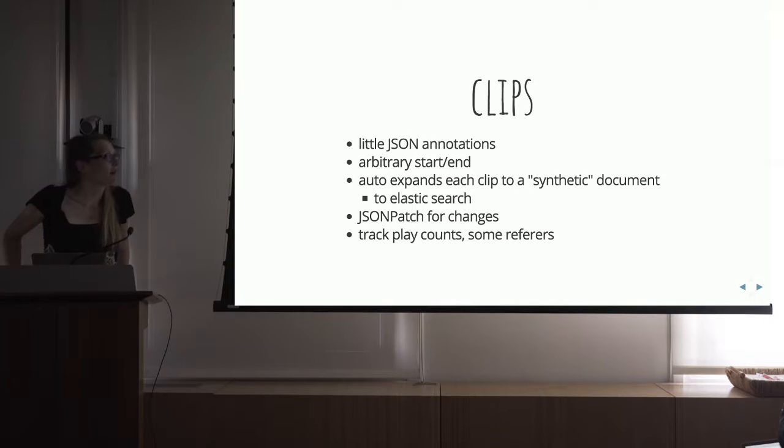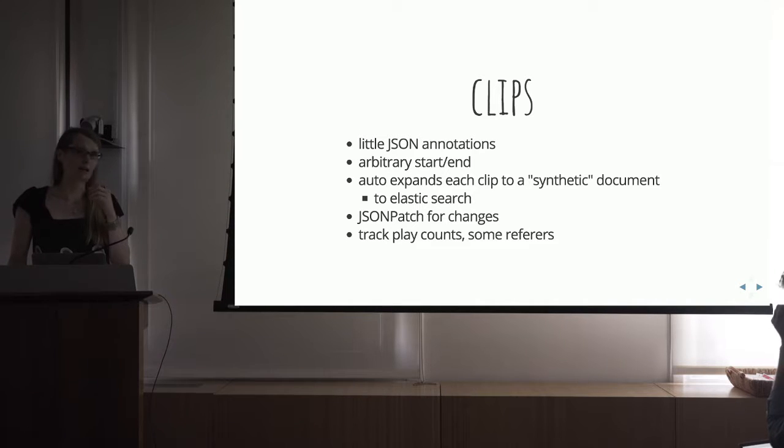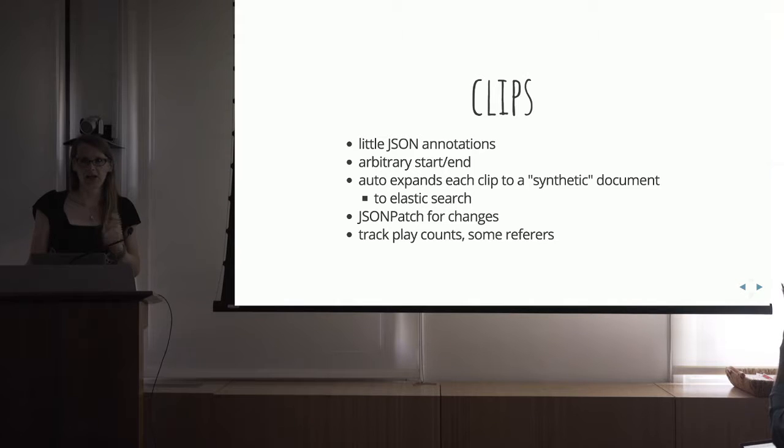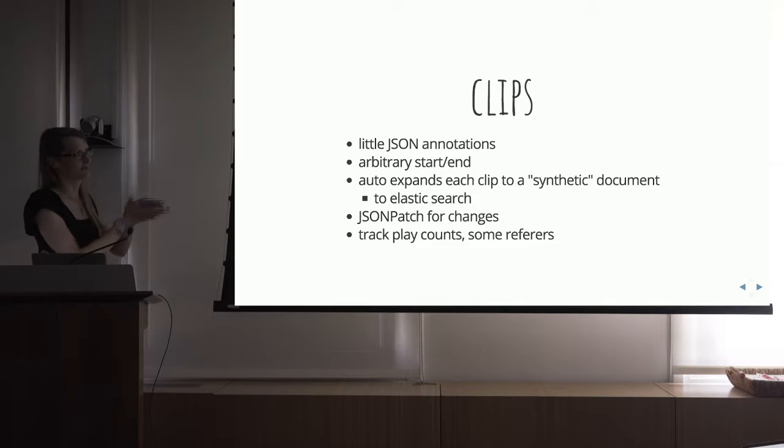To make some of that possible, we have this thing we're calling clips. I think Dan said a sentence or two about that yesterday. These are basically little JSON annotations. I'll show you one in a second. It allows us to peg arbitrary JSON at start and end points just about anywhere.